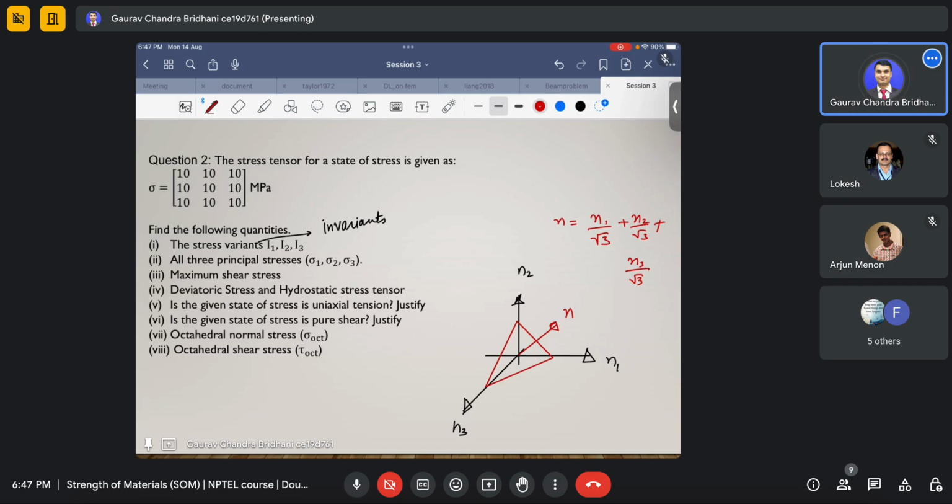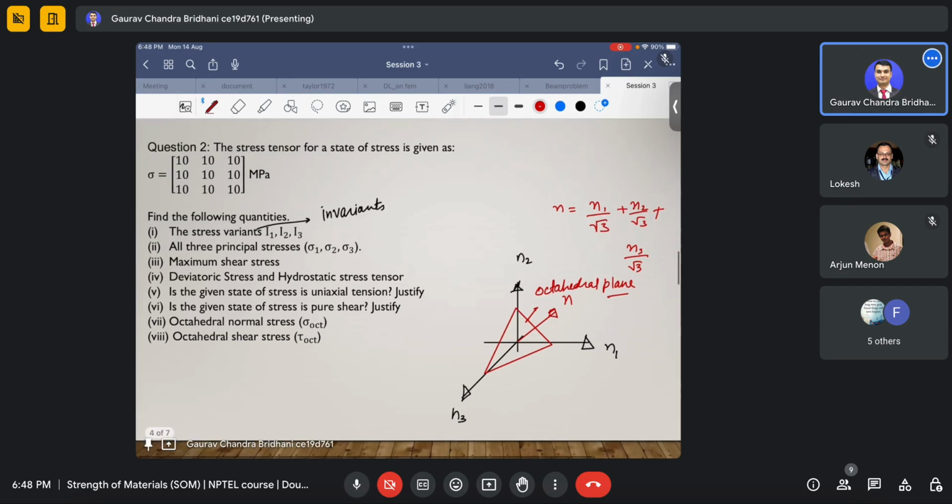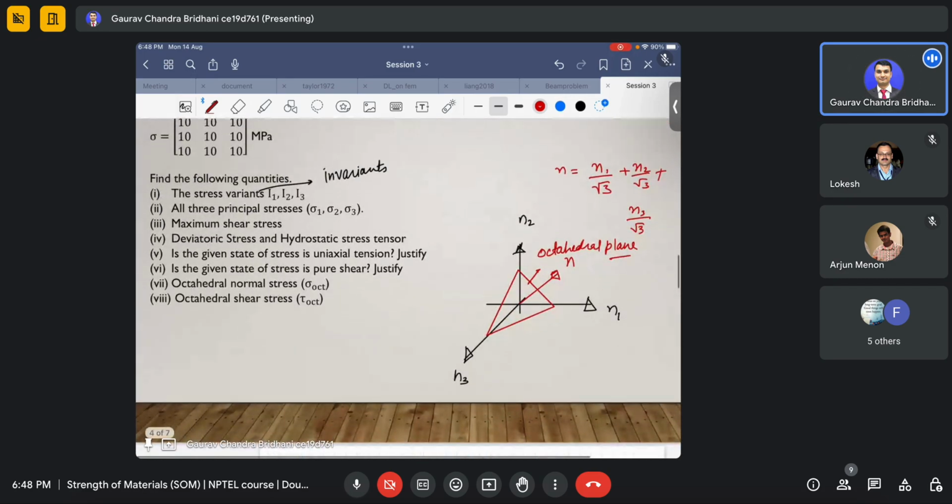That plane is called the octahedral plane. We'll see the formula for finding the normal stress and shear stress on the octahedral plane. Okay, so let's start.